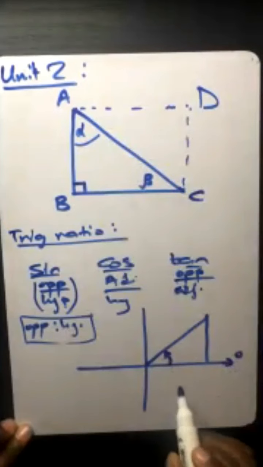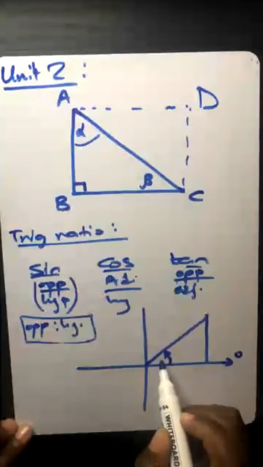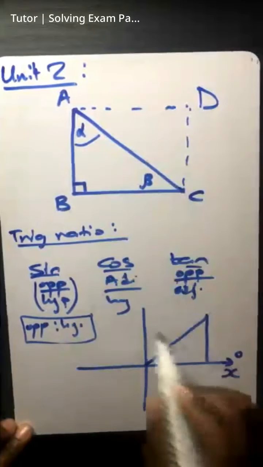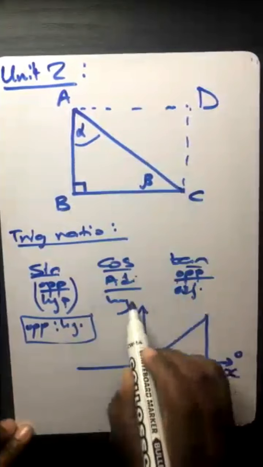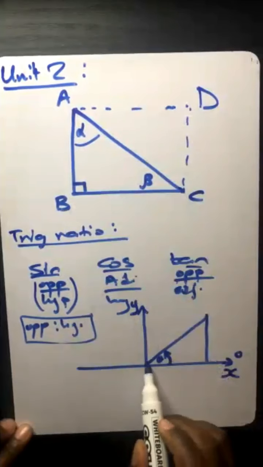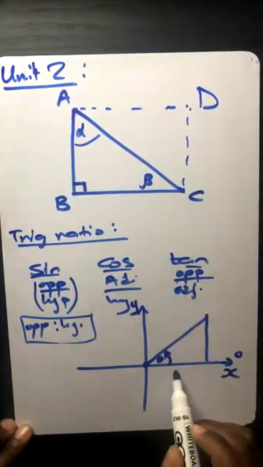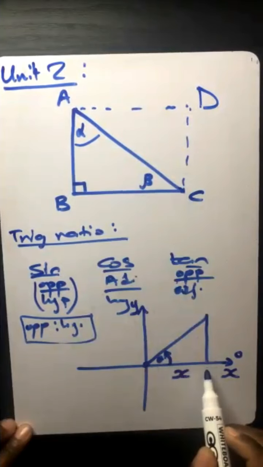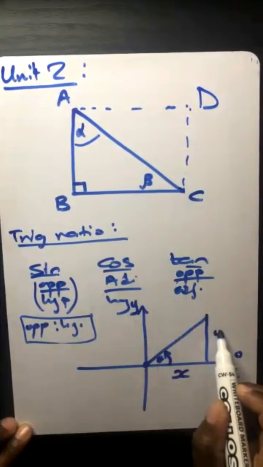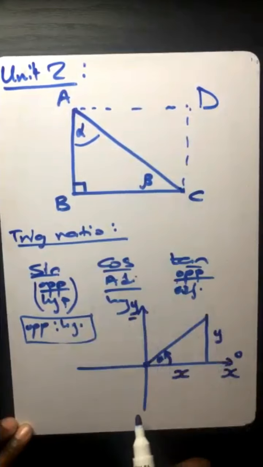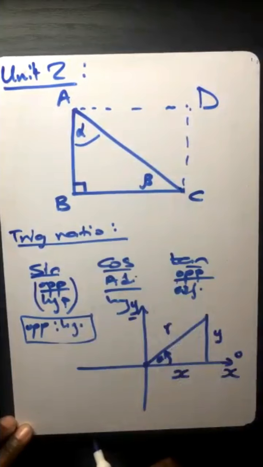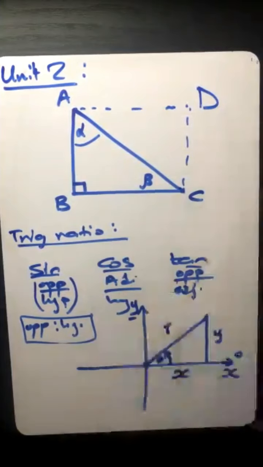So can you see that if now this is the angle, this line is what we call the x-axis and this line is what we call the y-axis. So that means this side is what we refer to as the x side, and the vertical one is what we refer to as the y, and obviously that one is the radius. Does it make sense, LB, that part?